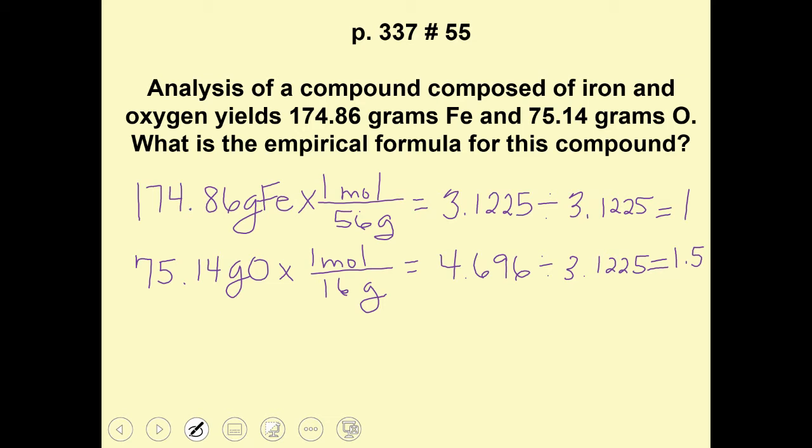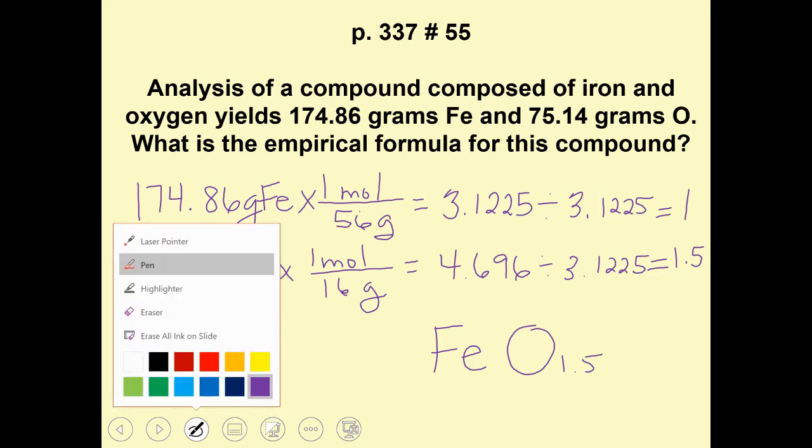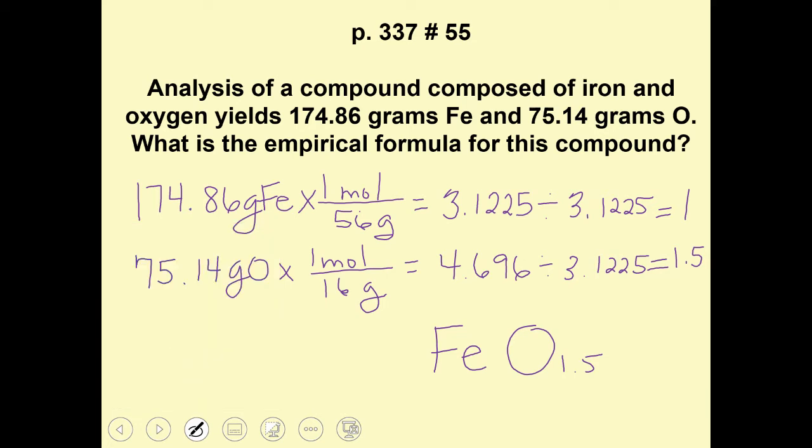Okay. This is a situation where we need that fourth step because oxygen is not a whole number. And we can't write a formula Fe1O1.5. Remember, in formulas, all of our subscripts, they are always whole numbers. So remember when you have a ratio like 1 to 1.5, you can multiply by anything you want, but you got to do it to all of them.